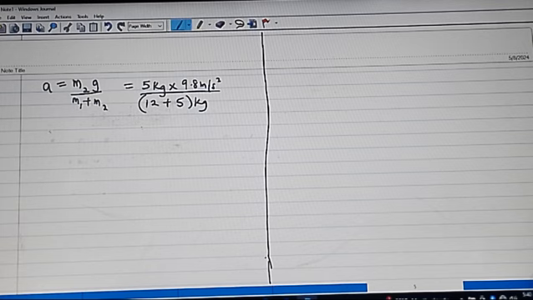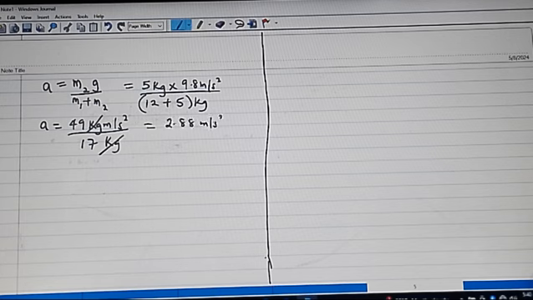So this gives us 49 kilogram meters per second squared, all over 17 kilograms. Of course, we take the kilograms off, and the acceleration will be 2.88 meters per second squared. So we can say our acceleration is well approximated to 2.9 meters per second squared, to 1 decimal place.